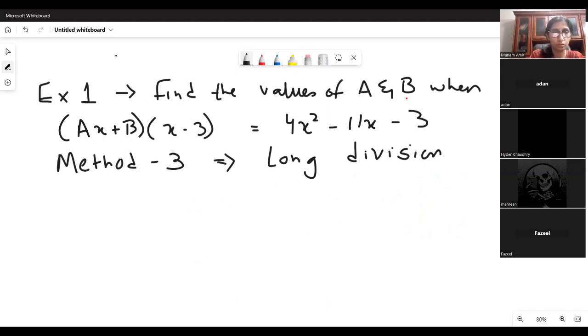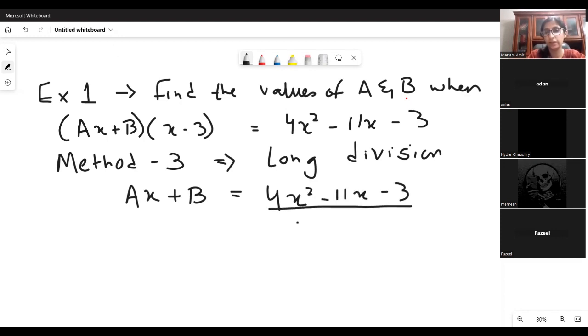So ax plus b would be equal to 4x square minus 11x minus 3 divided by x minus 3. So we have to divide both the polynomials.